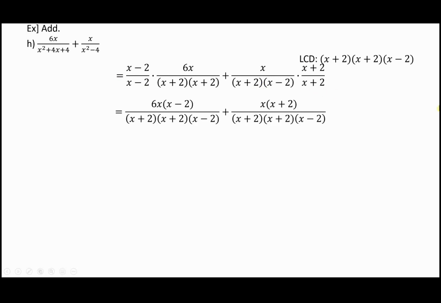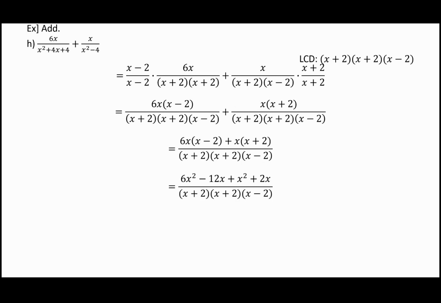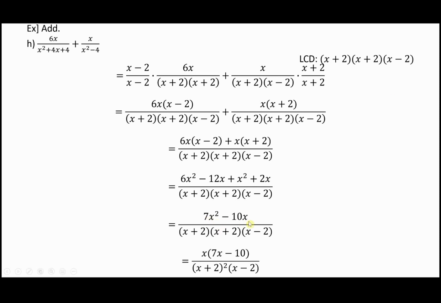Now you multiply, you add, you distribute, combine like terms, see if you can factor that numerator. We can. You can factor out a factor of x. It doesn't allow you to slash anything away in the next step, but at least you checked to see if it could, right? You always want to leave both numerator and denominator as factored as possible.